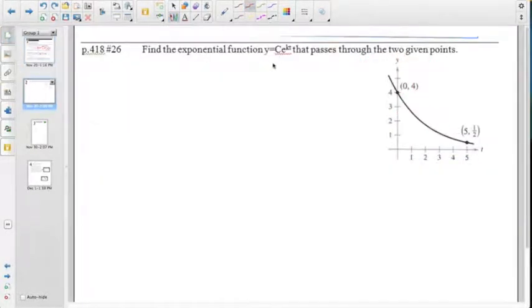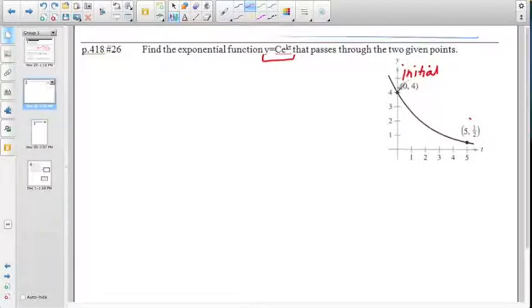In this example here, we take the general exponential expression for y, and we know this is a proportional relationship between the rate of change and the variable itself. And we have these two conditions here. Here's our initial condition, and here is also another condition that satisfies the particular solution.